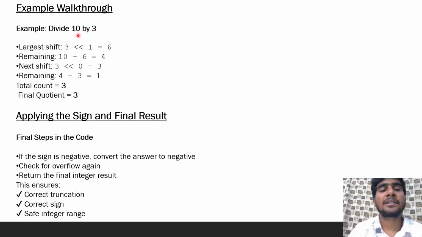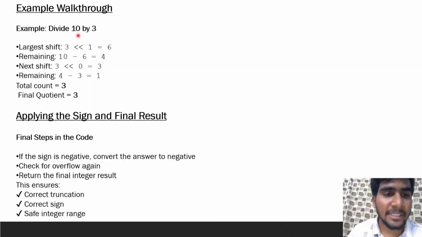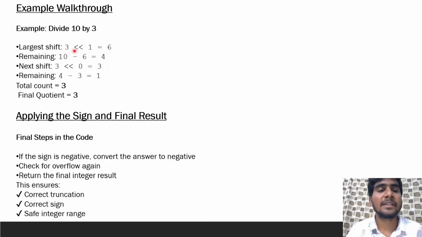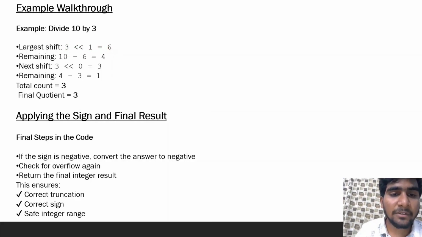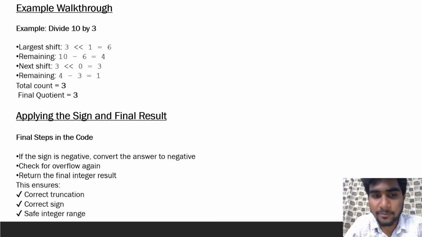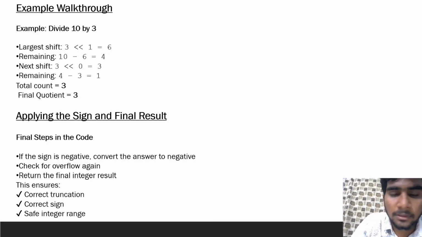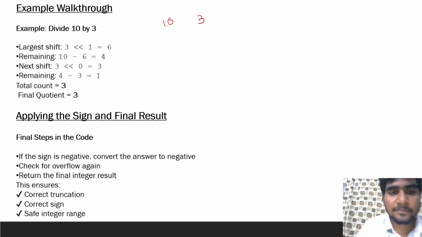Here dividend is 10 and divisor is 3. The largest shift is 3 left shift 1, that equal to 6. I will explain it then. So here we have to divide 10 with 3.